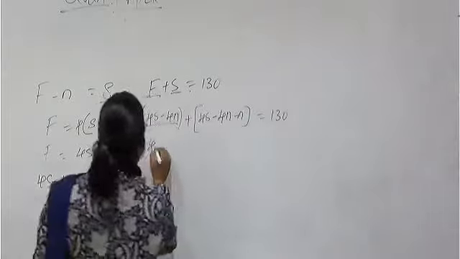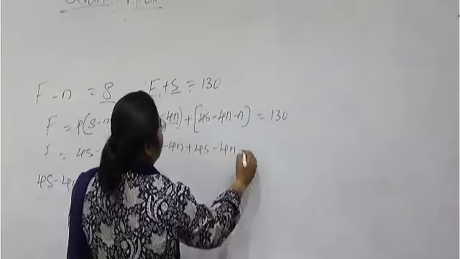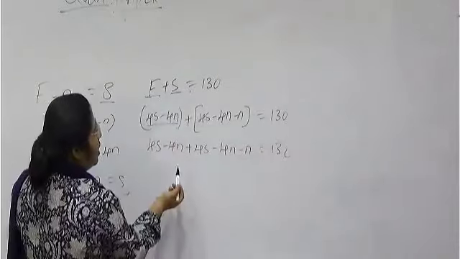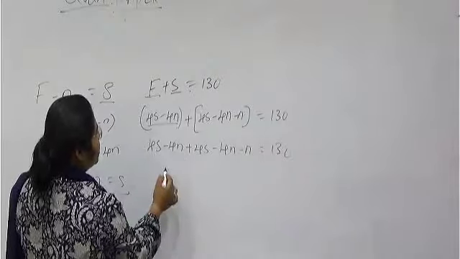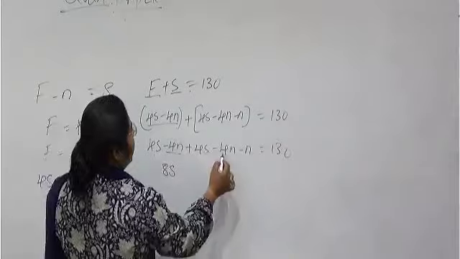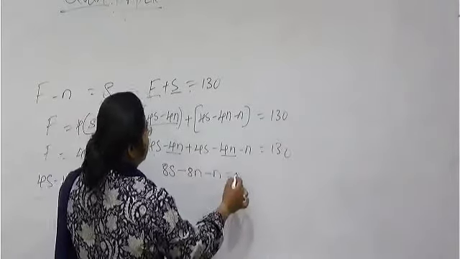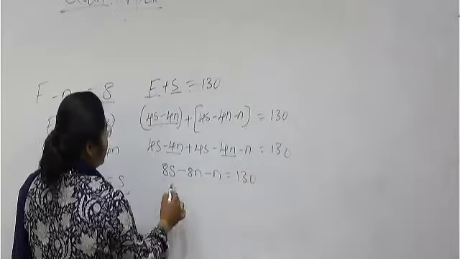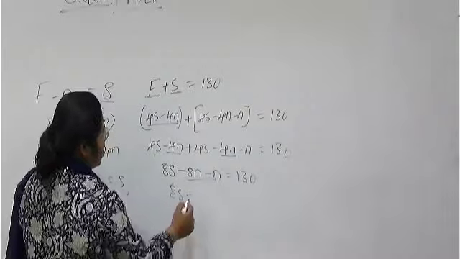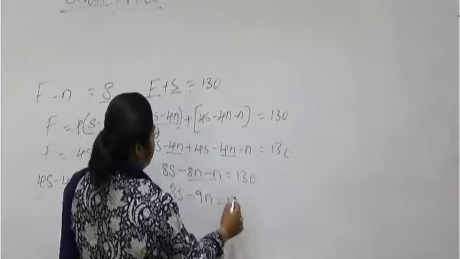What do you get? 8S minus 4n minus 4n, that is 8n, minus n. 8S minus, what is that? Minus 9n, right? Is equal to 130.